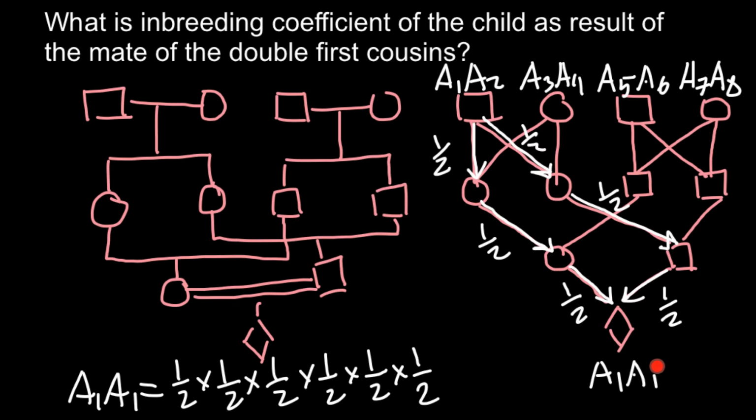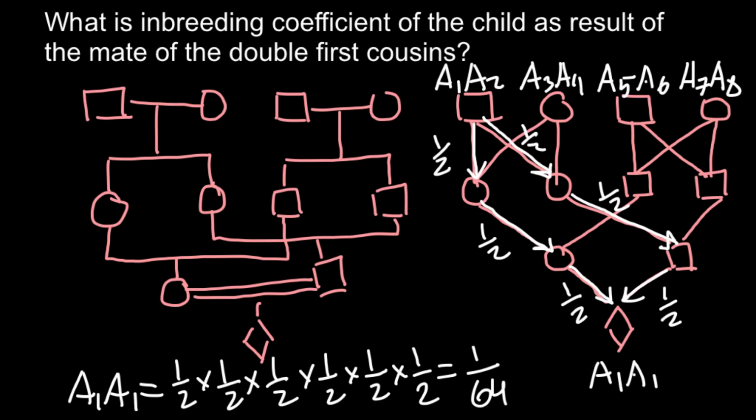So the probability to be A1, A1 would be 1/2 multiplied by itself 6 times. So 2 multiplied by 2, 4, 8, 16, 32, 64. So the probability to be of this genotype would be 1/64, 1 out of 64.